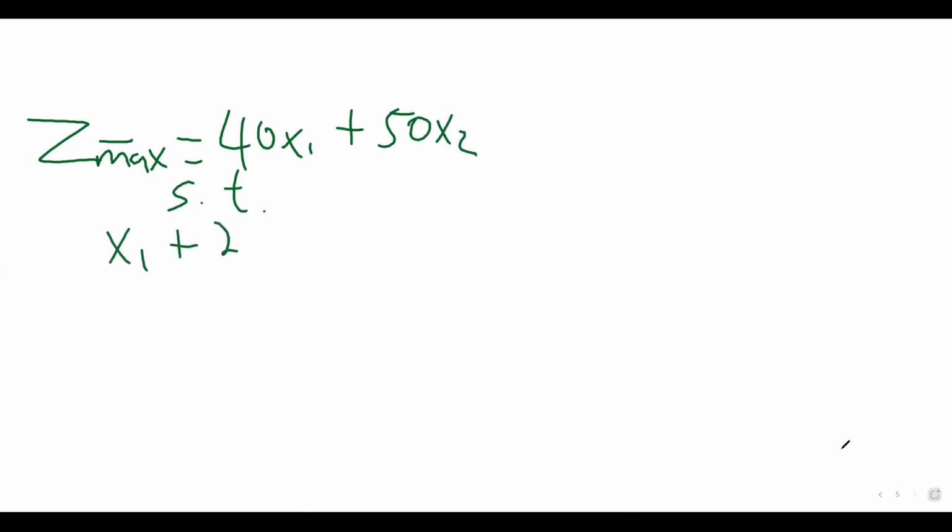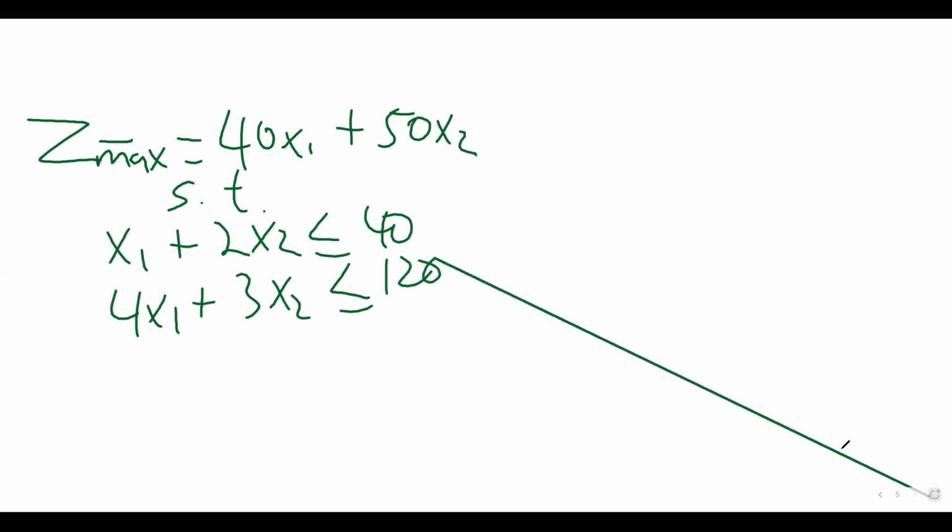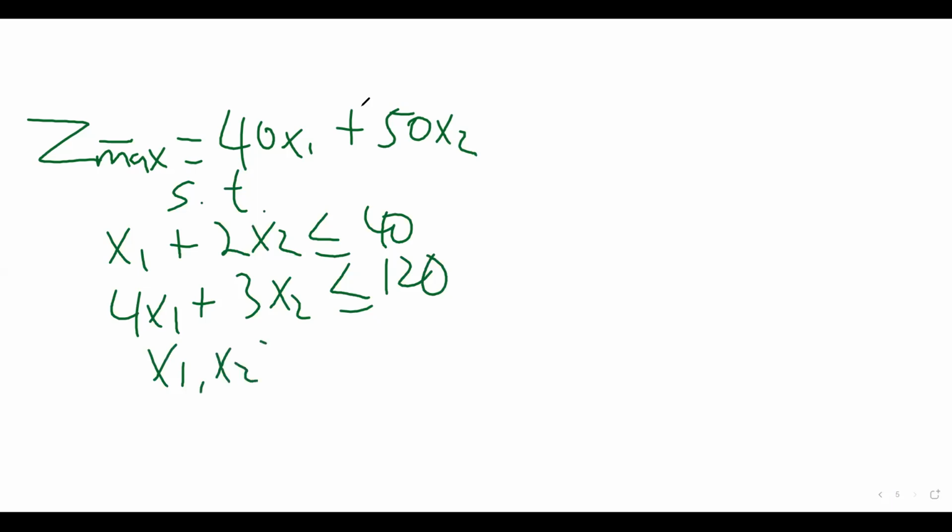Z max equal to 40 x1 plus 50 x2 subject to x1 plus 2x2 less than or equal to 40, 4x1 plus 3x2 less than or equal to 120, and then x1, x2 greater than or equal to 0.